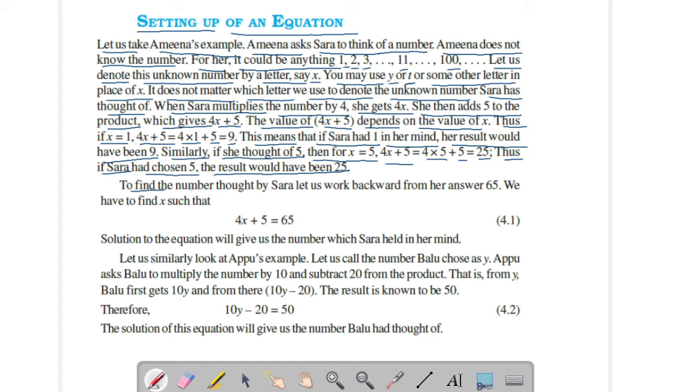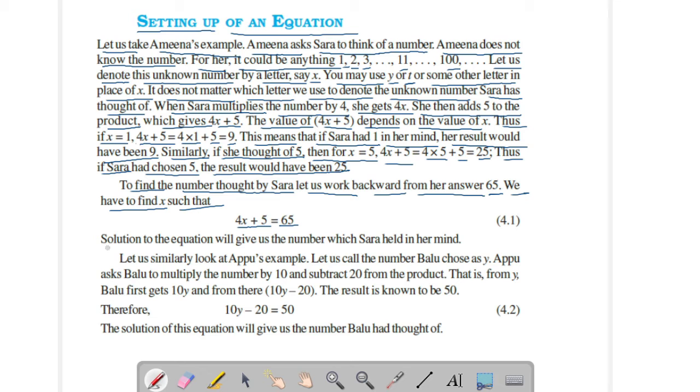To find the number thought by Sarah, let us work backward from her answer, 65. We have to find x such that 4x + 5 = 65.